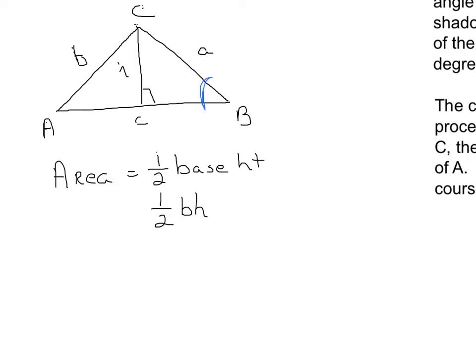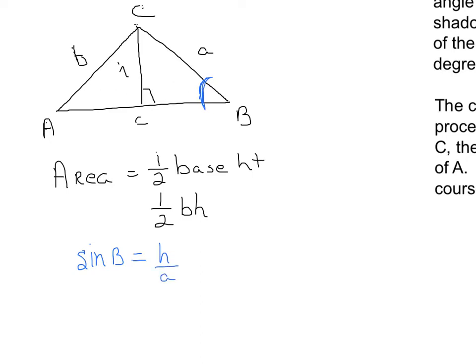If we let beta be our angle here, if we're going to look at angle B, we know that the sine of angle B is equal to the height opposite over hypotenuse.